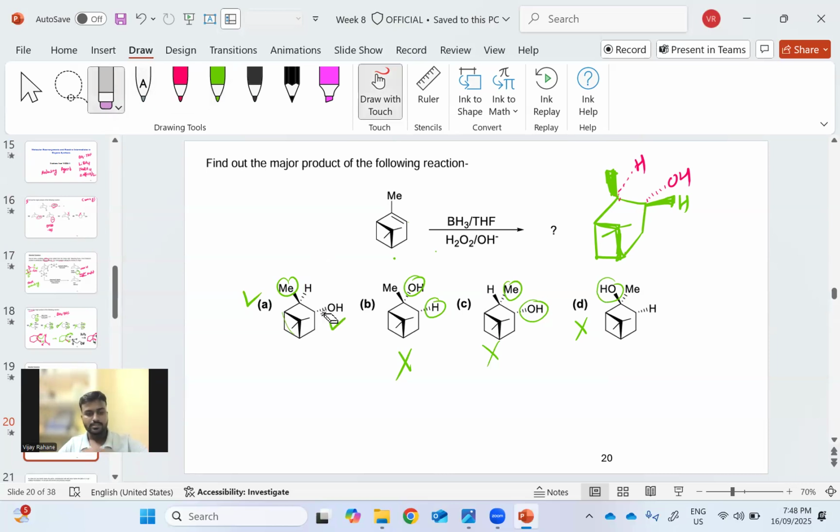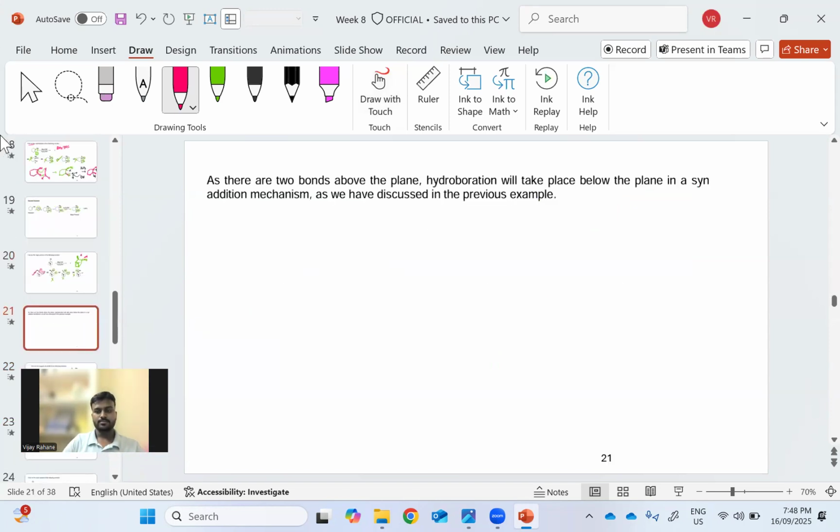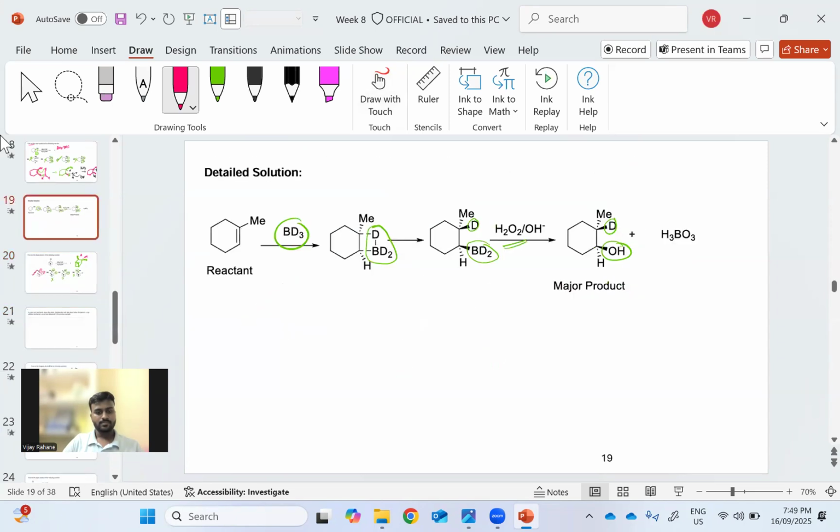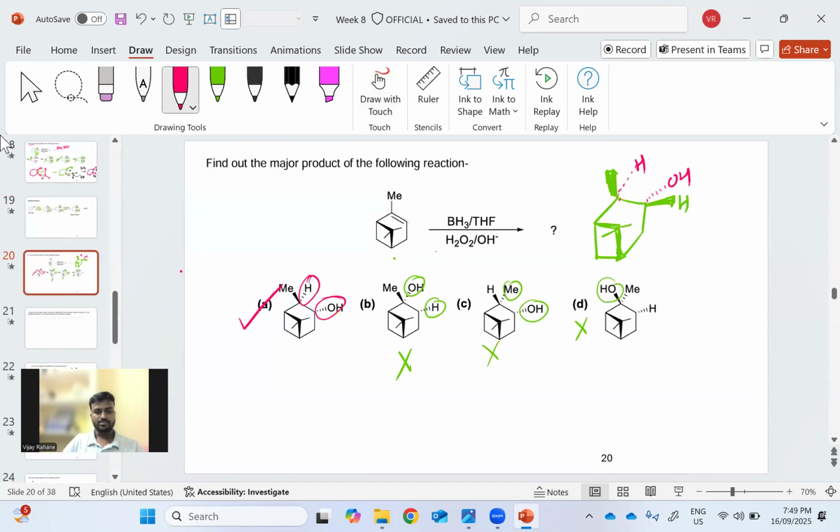So that's the correct product. H is the correct product. This was the same mechanism. You can refer to it for another question, this question also.